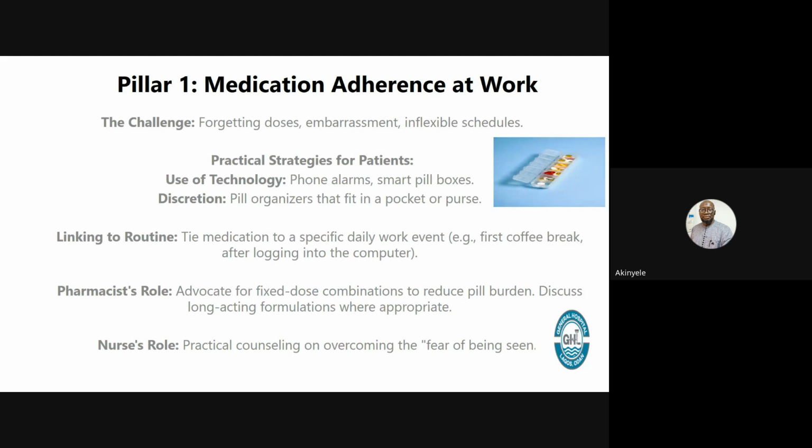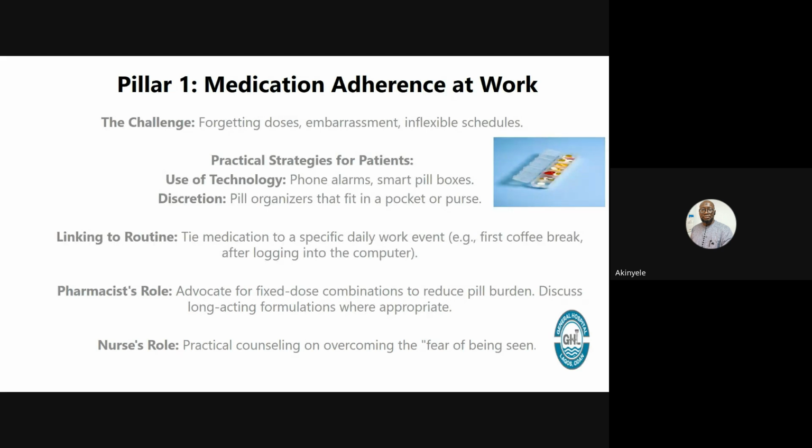And the pharmacists and the nurses, we all have a role to play in this. We should encourage fixed dose combination to reduce pill burdens. And then where we have long-acting formulations, for example, now we have medications that some patients who can afford it can use just once a week to better manage their diabetes.